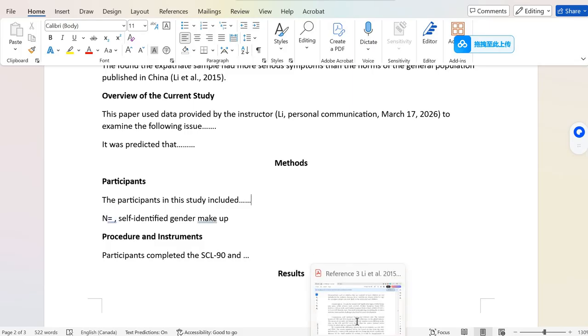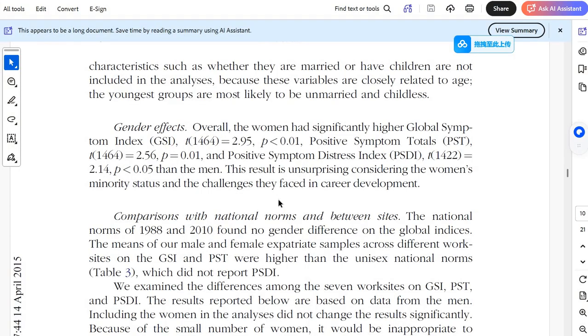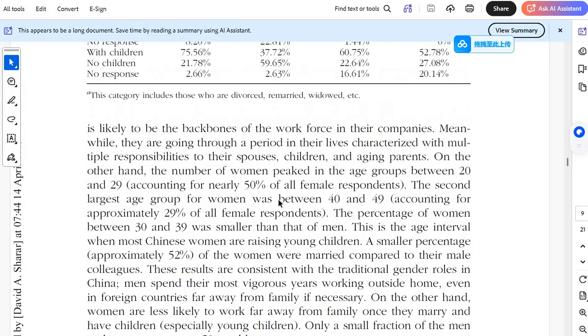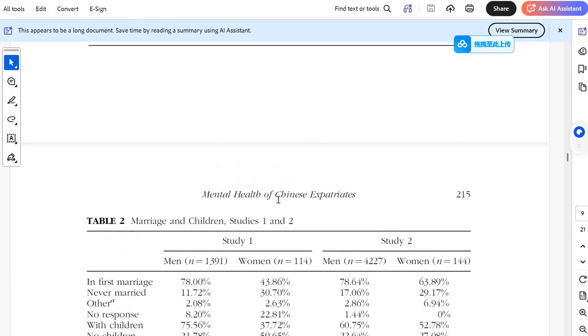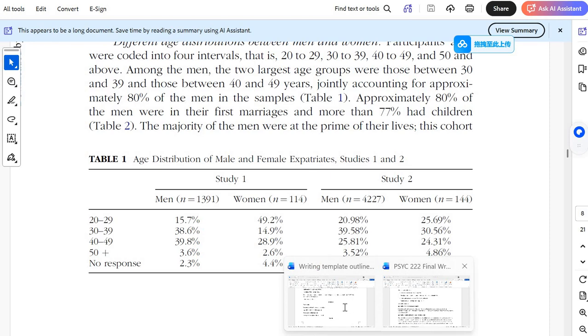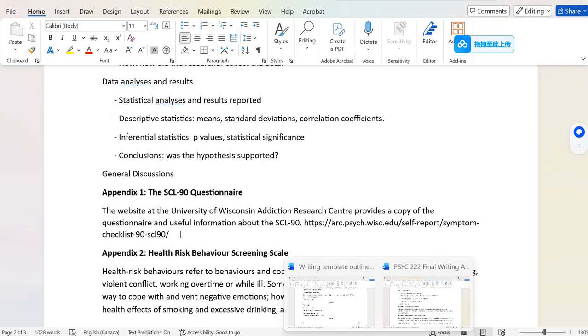This information is all in the Lee paper, study 1. Altogether, you have 1,391 men and 114 women included in the participants.